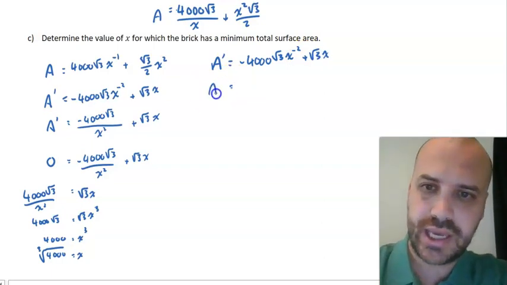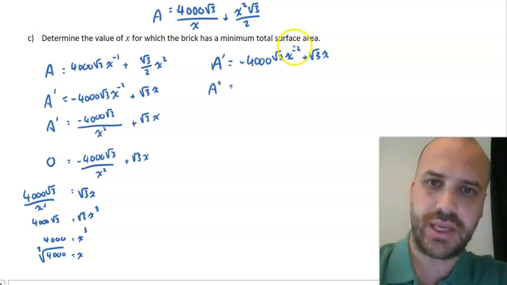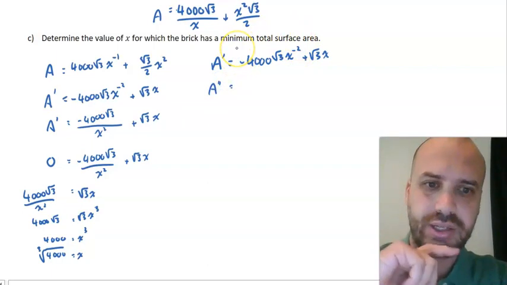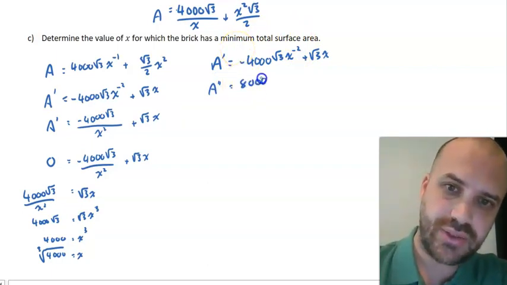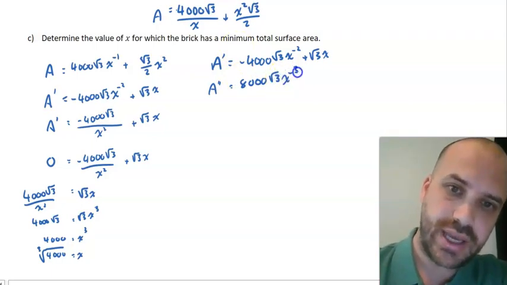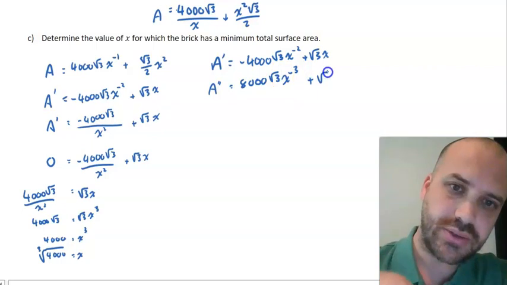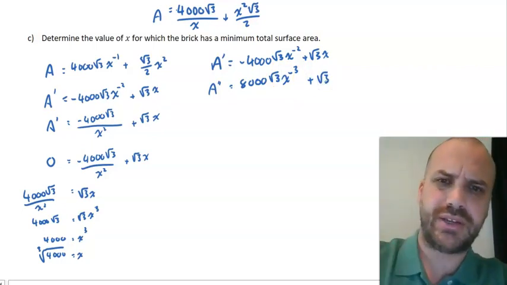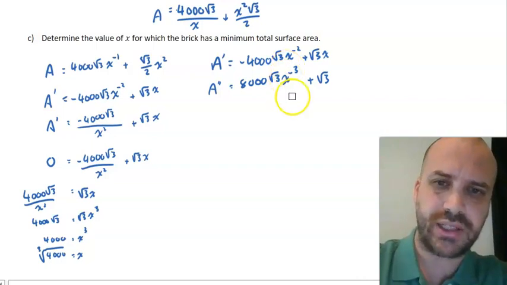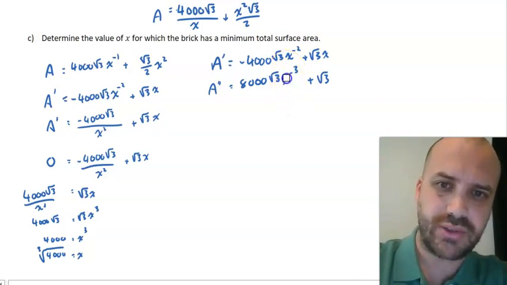When we find the second derivative, that's going to be equal to, bring the power out the front, so negative 2 times negative 4,000 is positive 8,000 root 3. We get x to the negative 3 plus root 3. That x to the negative 3 feels ugly, so let's put it on the bottom as x to the 3.